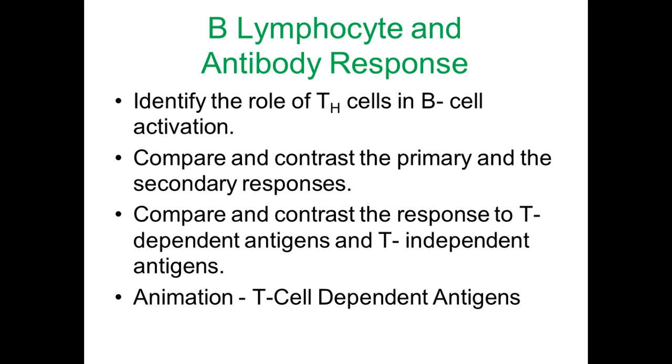Some of them are still going to turn into plasma cells and secrete antibodies. Others will turn into more memory cells, so you'll have even more. Same thing with the T cells. You're going to get those memory cells. You're going to get more effector cells, whether it be helper T cells or cytotoxic, or maybe even both, depending on what's going on.